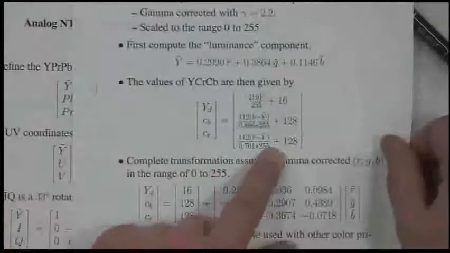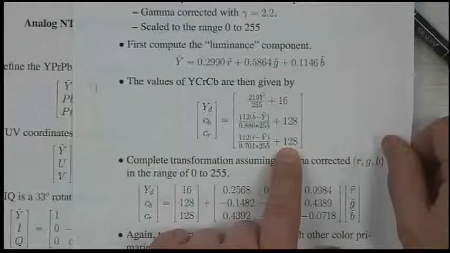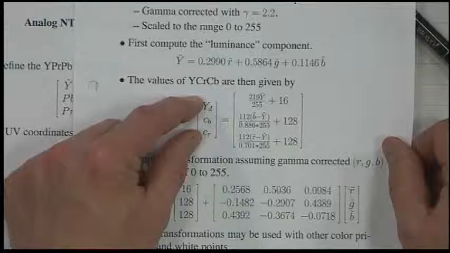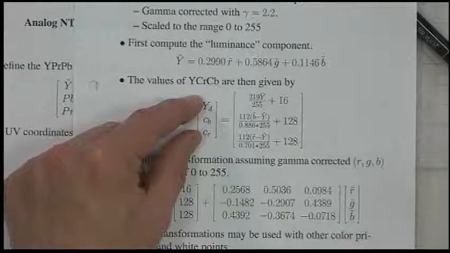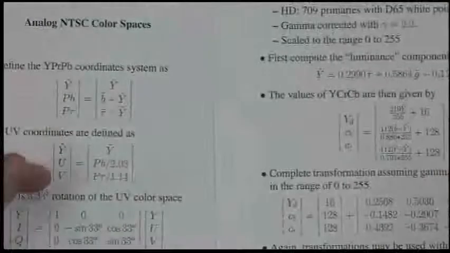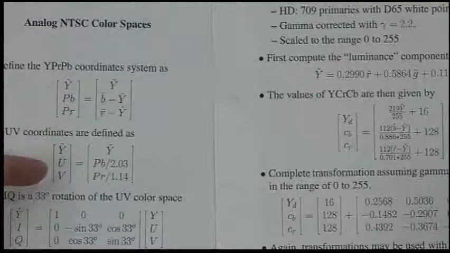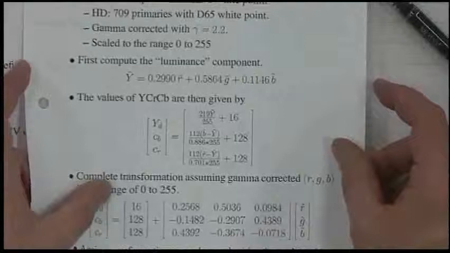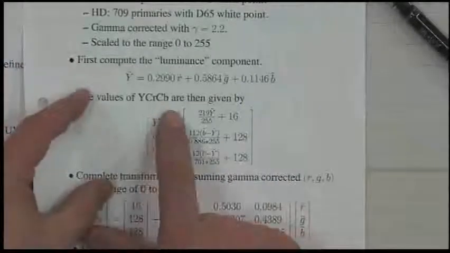But the scaling factors are different, and there's an offset of 128, so that these values will come out in the range 0 to 255. Because if it's digital data and it's 8-bit precision, so it's unsigned characters, then it can't be YUV, because YUV is an analog representation. So when people say YUV, they mean YCRCB.